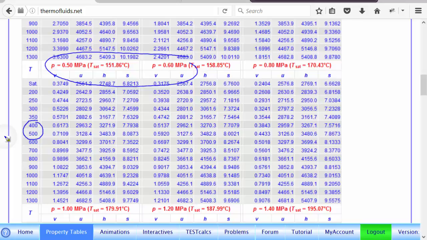So we are trying to find enthalpy. So the enthalpy should be somewhere interpolated between these two numbers and interpolated between these two numbers for 425, and then interpolated between these two tables for a pressure of 520.